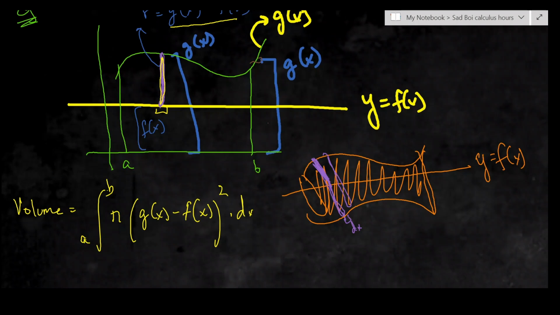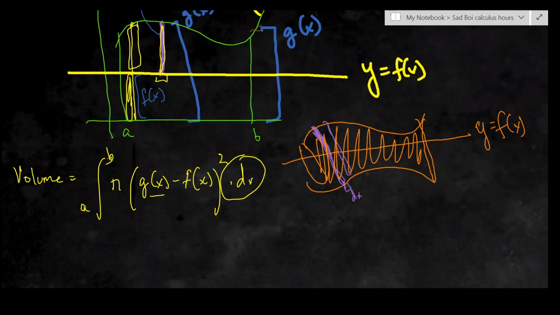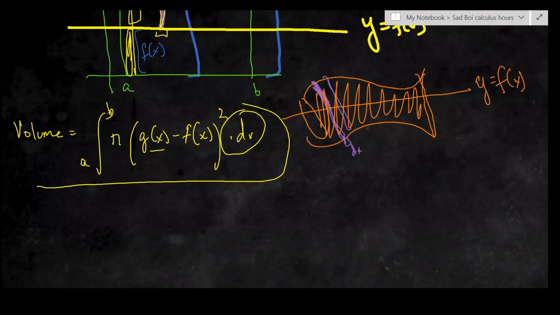So this function divides the area between a and b into many segments, and calculates the value of g of x at every segment, subtracts from it the value of f of x at that segment to get the radius of that segment. Then it squares it, multiplies it with the width, and adds it to the results of the preceding segments. Hence our final volume is going to be this.